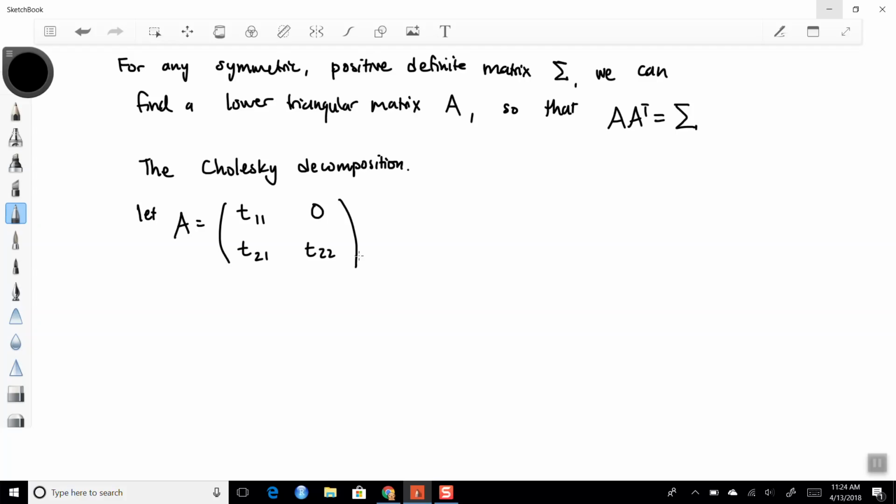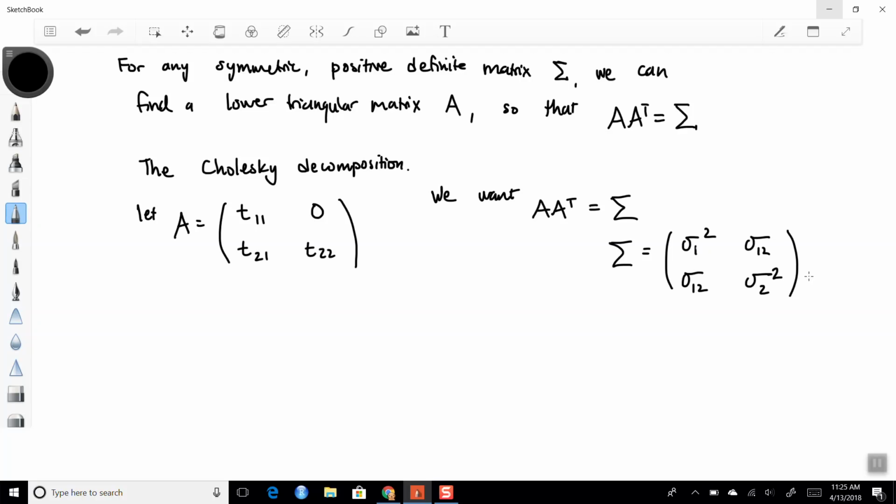And we want AA transpose to equal sigma, and we will say sigma is going to be equal to sigma 1,1 squared, sigma 1,2, sigma 1,2, sigma 2 squared. Sorry, not 1,1 squared, sigma 1 squared, and sigma 2 squared. Okay, so this is what we want.